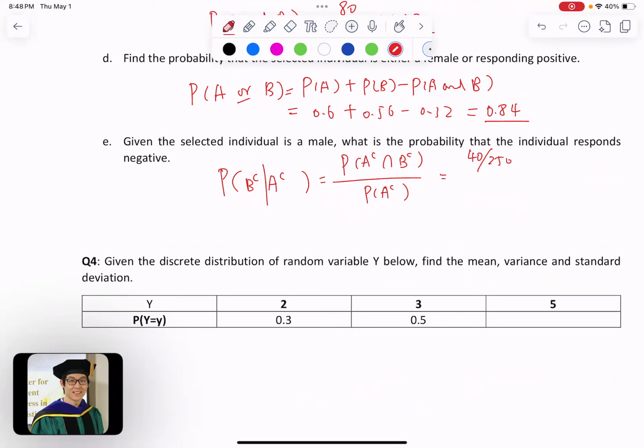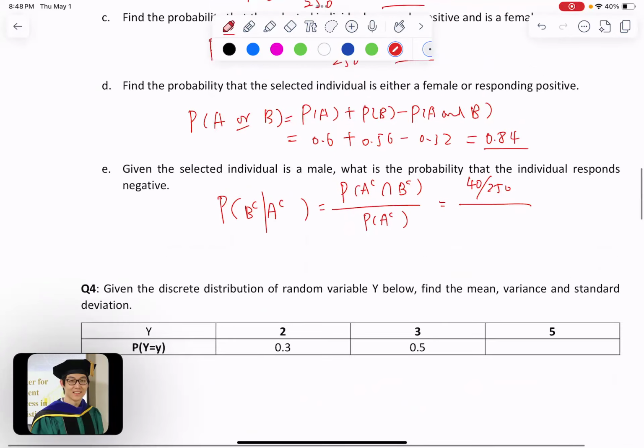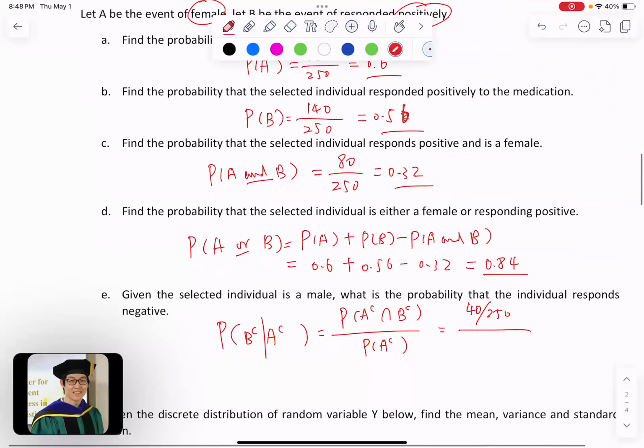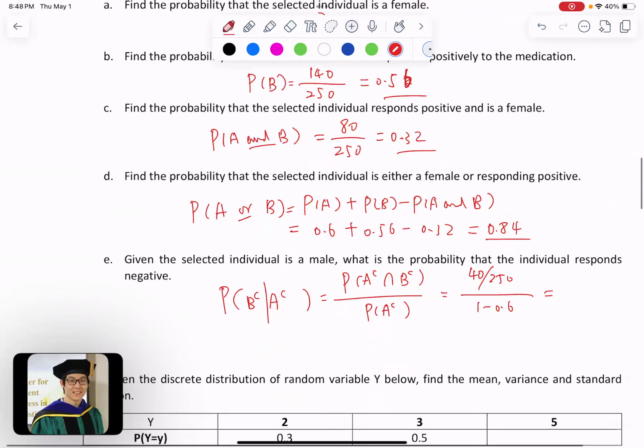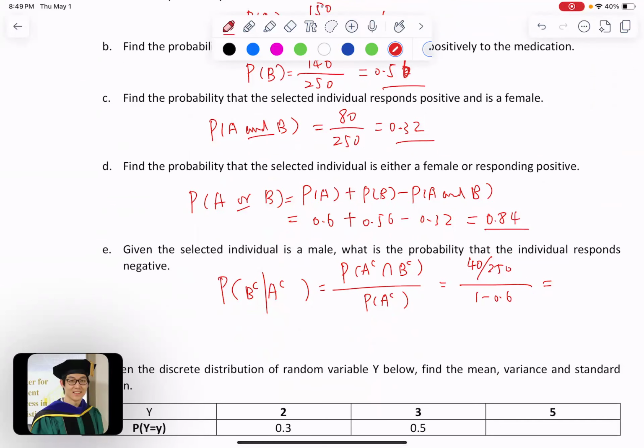That gives us the probability of A complement and B complement. That divided by the probability of A complement, which is just 1 minus the probability of A, so 1 minus 0.6. So what we have is 0.16 over 0.4. So that is 0.4.